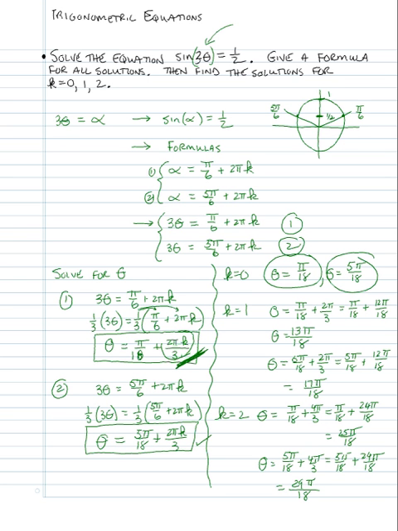So there's 2 of the solutions. Here is an additional solution, an additional, and an additional. So that's the approach we take there: we can temporarily replace that multiple angle, 3 theta, with a single angle like alpha, and go about our business and then resubstitute.